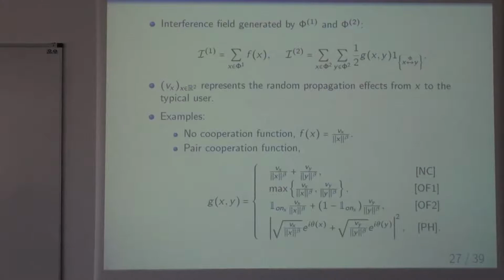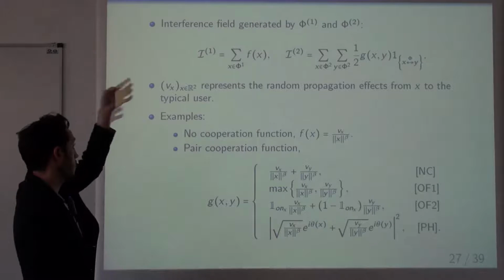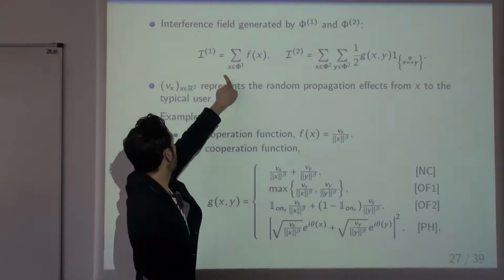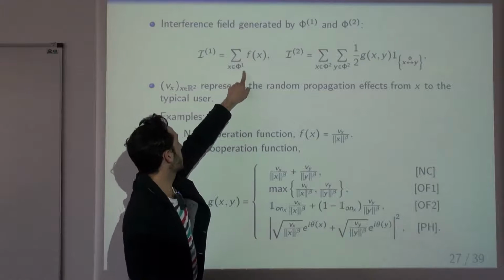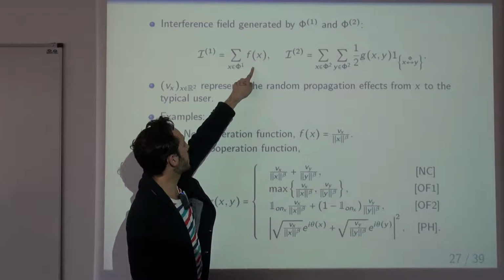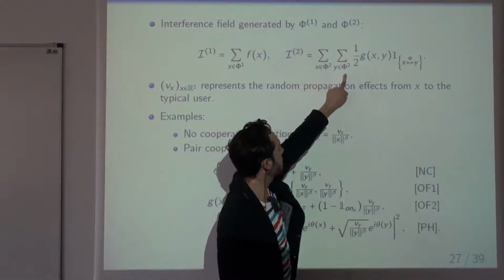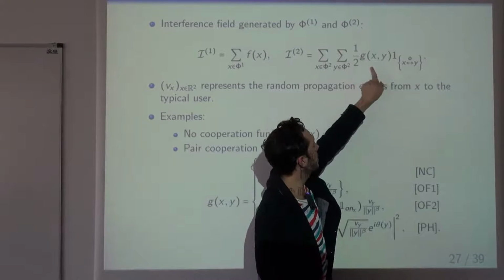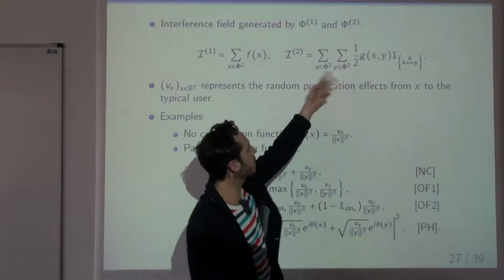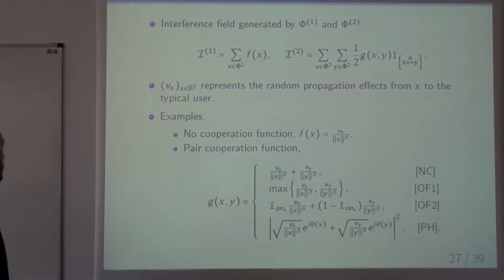Well, to finish, we will talk about interference, in this case generated by phi1 and phi2. The interference generated by phi1 is only the sum of the interference of each single point, and that of phi2 is the sum of the interference generated by all the pairs divided by 2, because we're taking twice each cluster.